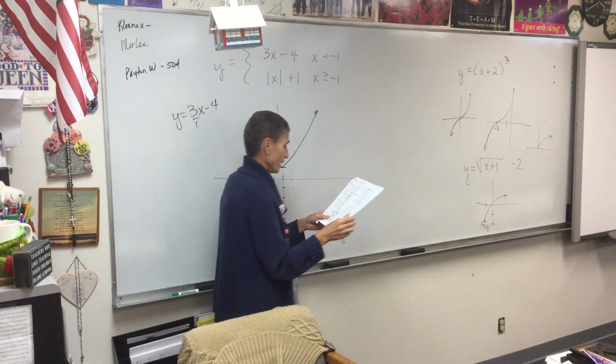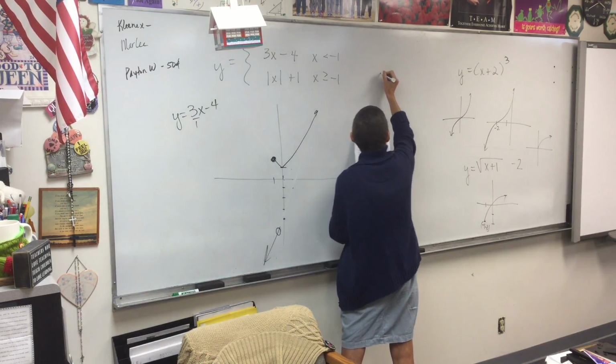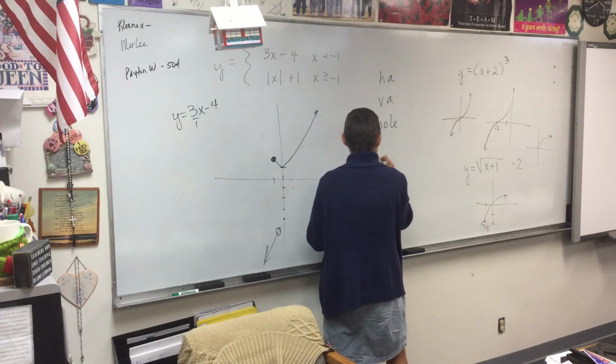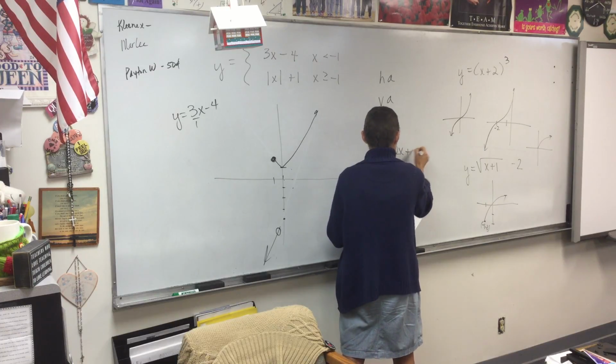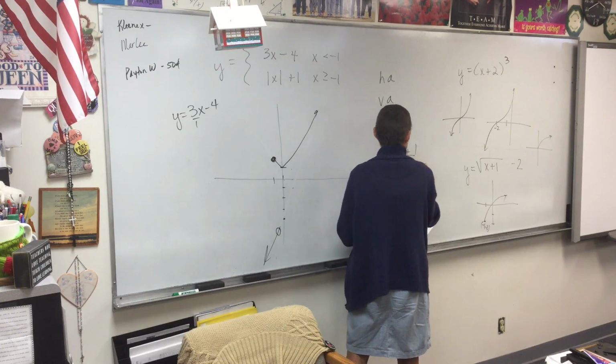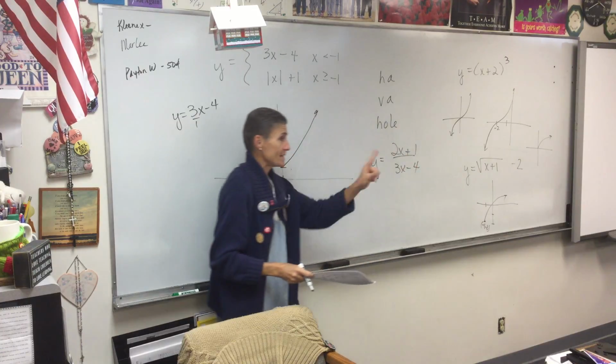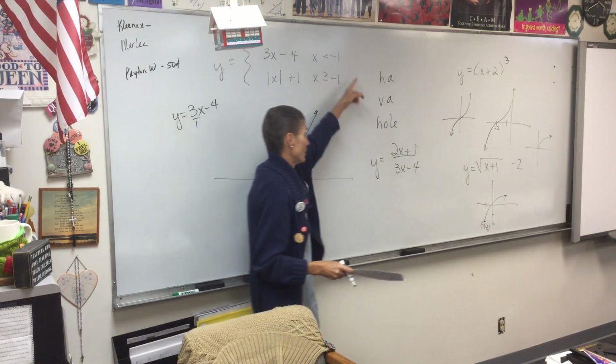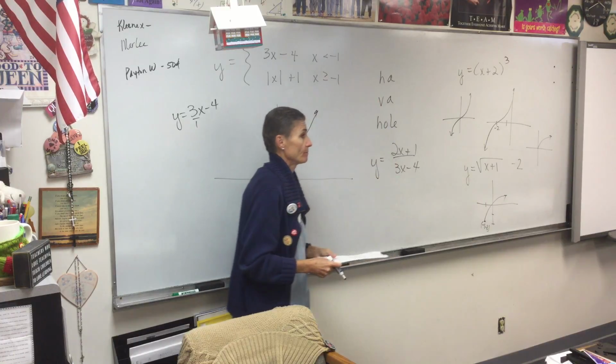All right, find the horizontal asymptotes, vertical asymptotes, and holes for the problem that looks like 2x plus 1 over 3x minus 4. This should be easy for you. Tell me any of those for this problem.